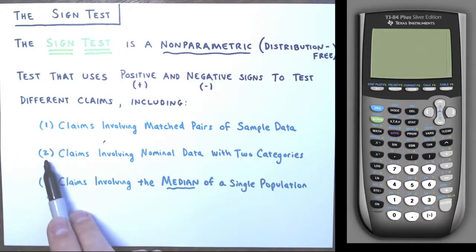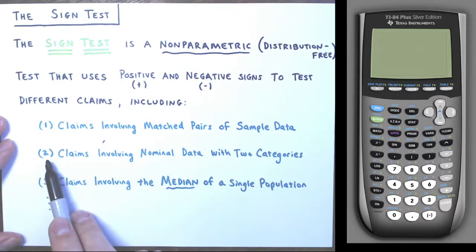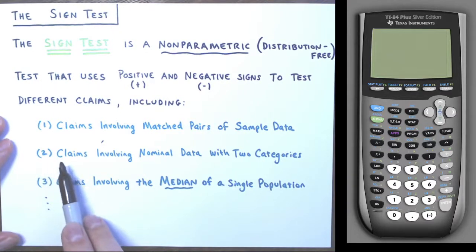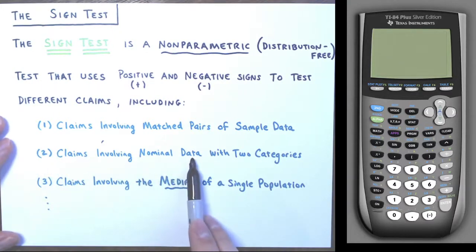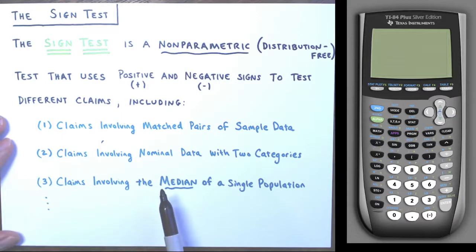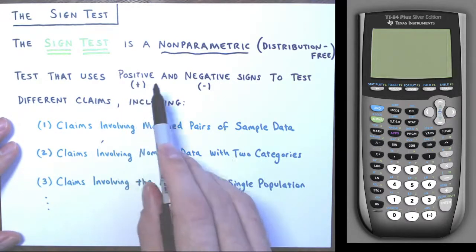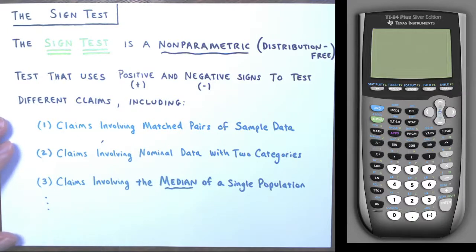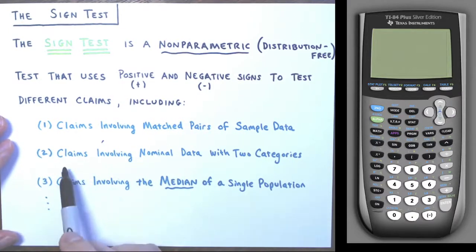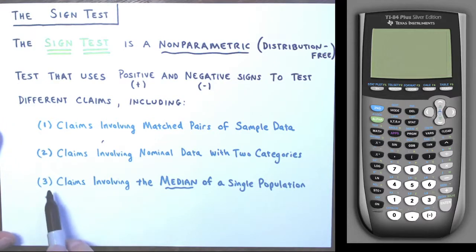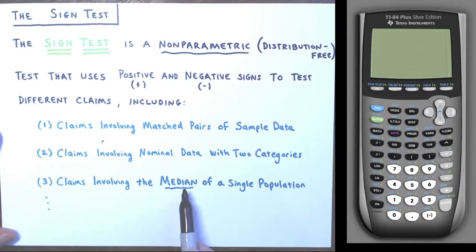Or two, we could use the Sine test to test claims involving nominal data with 2 categories, which we'll label as positives or negatives and then apply the test. And I have one example of something like that. And we could also use the Sine test to test claims involving the median of a single population.